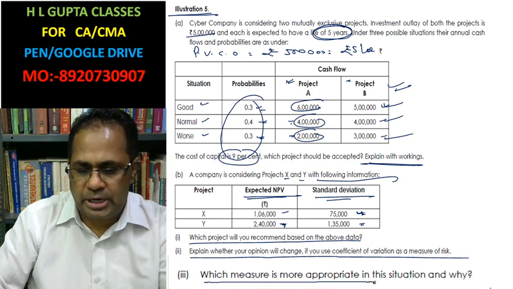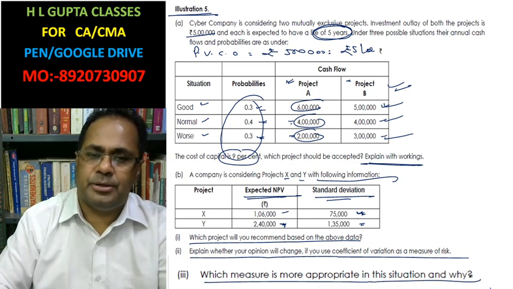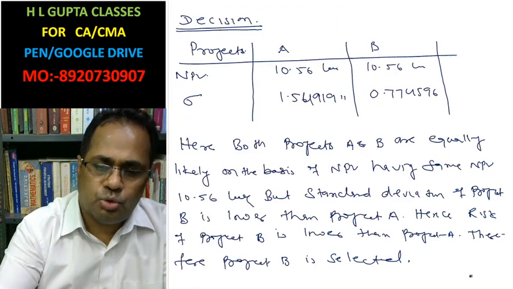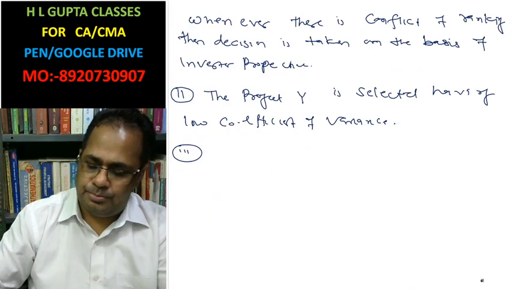In the third part, the same question is asked: which measure is more appropriate in the situation and why? Out of these two measures, which is more appropriate?